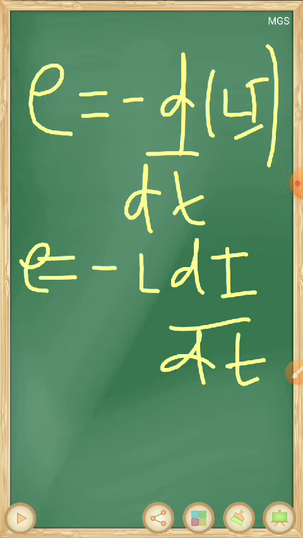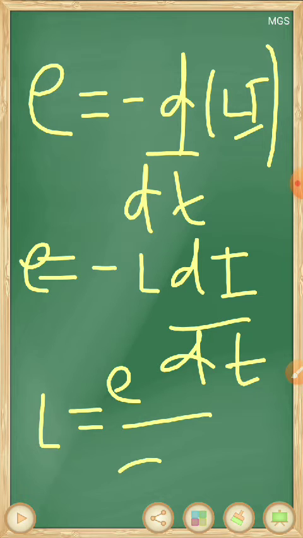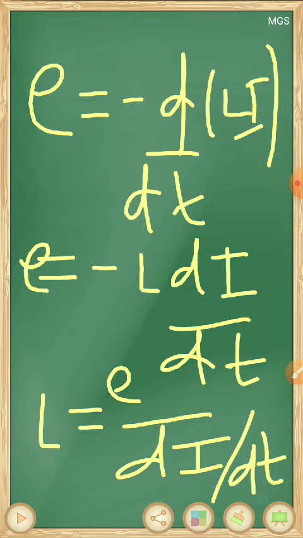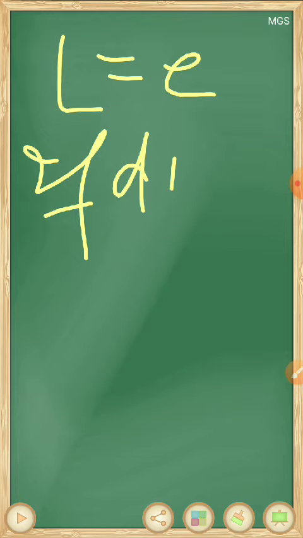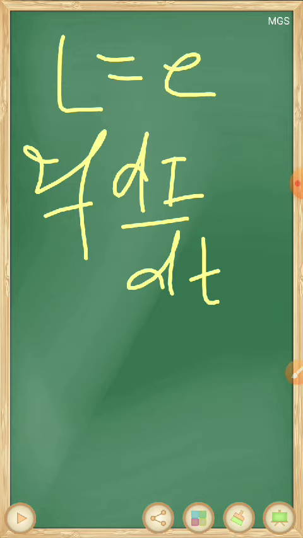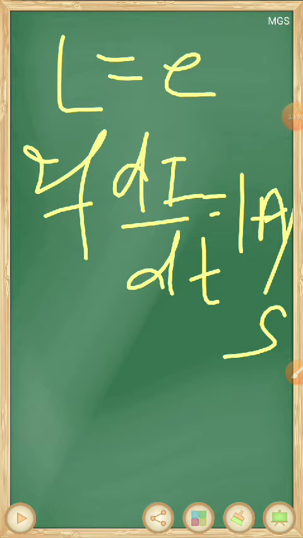If we consider the magnitude only, then we can write L is equal to E by di by dt. So if di by dt is equal to 1 ampere per second, then L is equal to E.